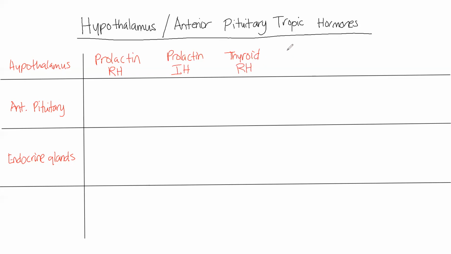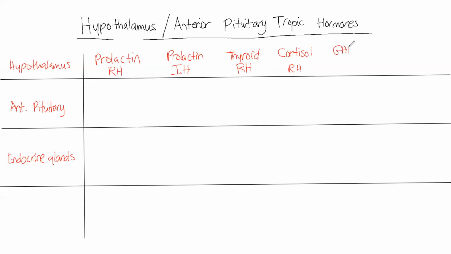Then there's also thyroid releasing hormone and thyroid inhibitory hormone. So thyroid releasing hormone, there's no thyroid inhibitor, so thyroid releasing hormone only, and corticotropin releasing hormone. And I'll talk about how the negative feedback can play into decreasing thyroid production and kind of take the place of inhibitory hormone. And then there's GHRH and GHIH.